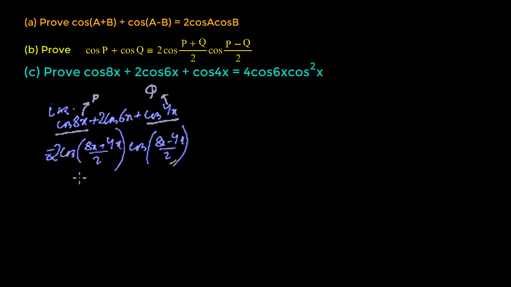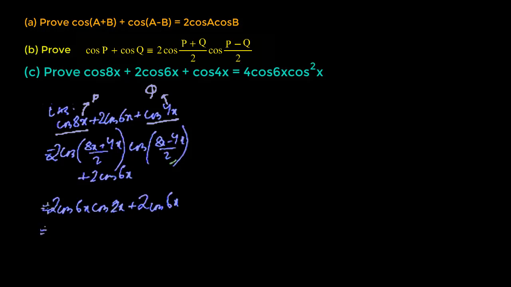We can write it, and we have cos 6x, this is left, so plus 2 cos 6x is left. Okay, so now cos 8x plus 4x is 12x by 2 is 6x, so 2 cos 6x, and 8x minus 4x is 4x, 4x by 2 is 2x, cos 2x. Plus we have 2 cos 2x plus 2 cos 6x.